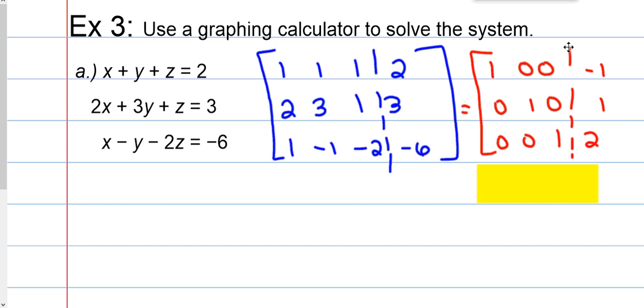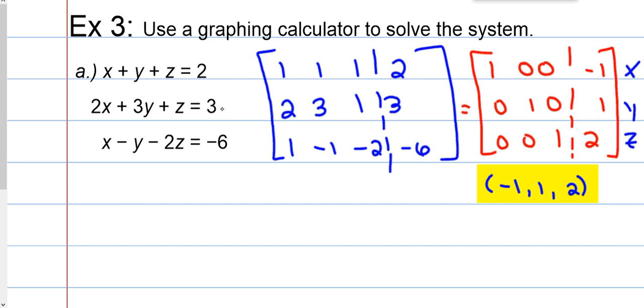Put that dotted line in there where the equal sign should be. This row is in the x place, this one is in the y place, this one is in the z place. So that's where our answer comes from: x equals negative 1, y equals 1, z equals 2. And that's all there is to that.